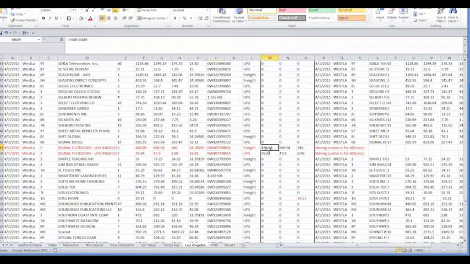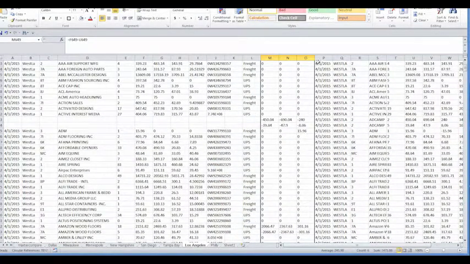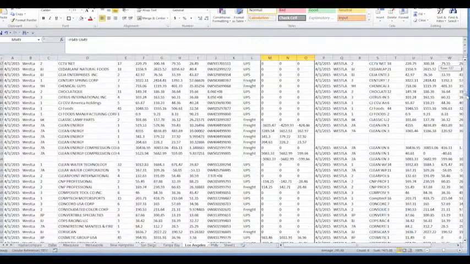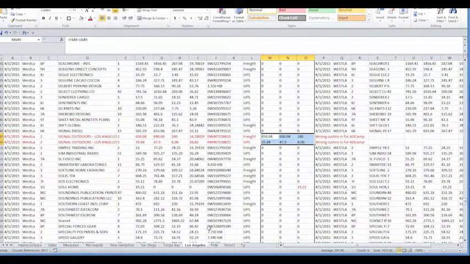So this cancels out what's up here, because see how these are all negative because there's nothing that matches. That's because the one that we just saw here is the wrong customer name. This should be AdCamp, and it's pulling up Signal Outdoors for some reason.